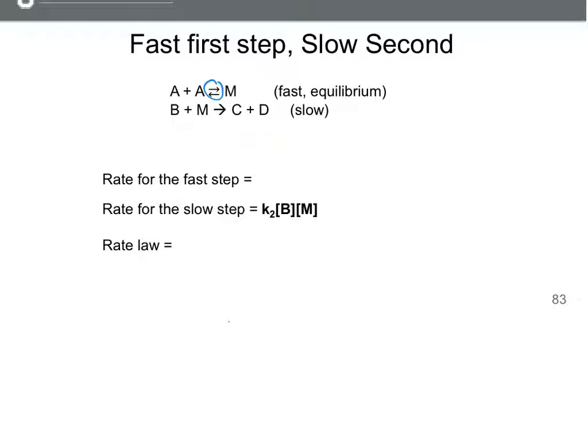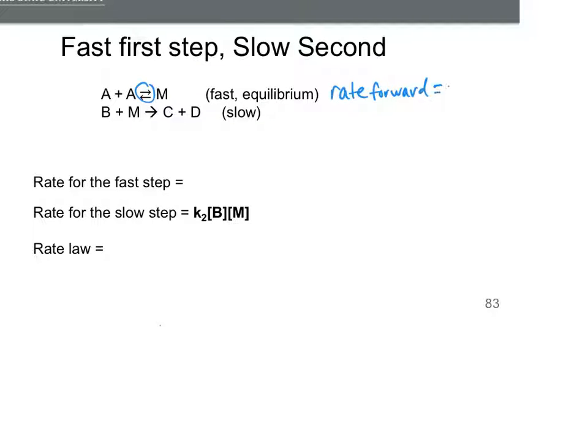Okay? So what that means, by definition, at equilibrium, the rate of the forward reaction is going to be equal to the rate of the reverse reaction. So this is basically the definition of equilibrium.